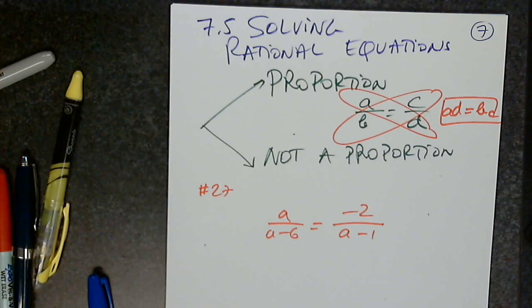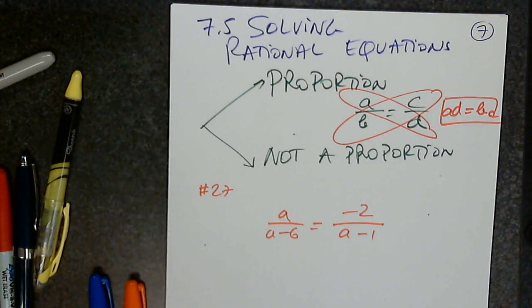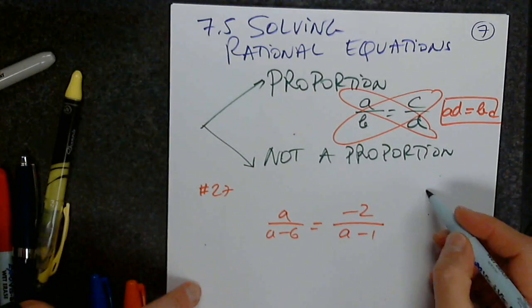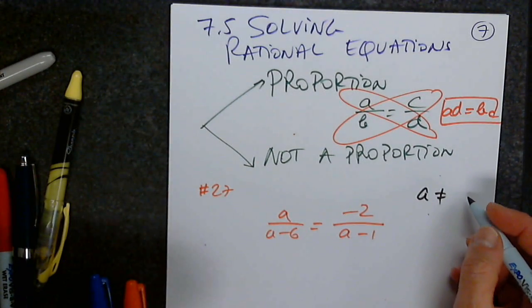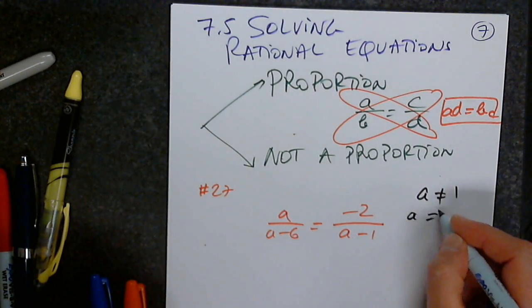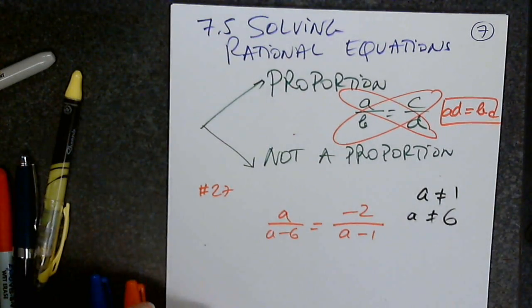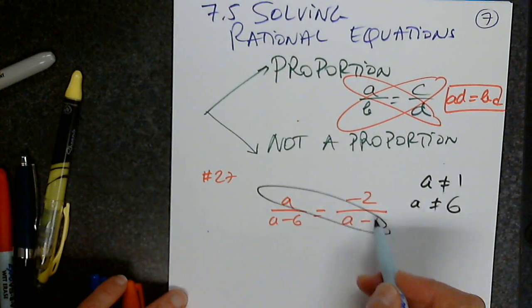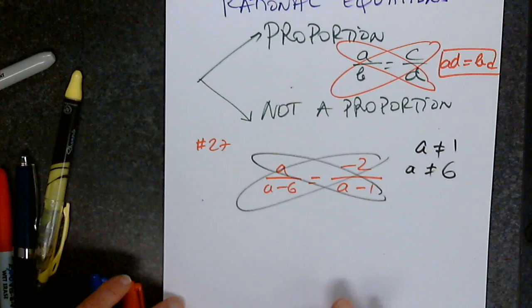It's definitely a rational equation because it has the variable in the denominator. But is it a proportion? Yes. I have to state how many restrictions. It has to be before. So a cannot equal 1, and a cannot equal 6. Perfect. Only after I state restrictions, I can proceed to cross multiply.